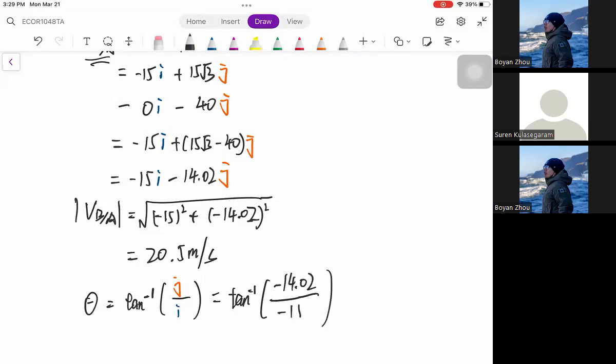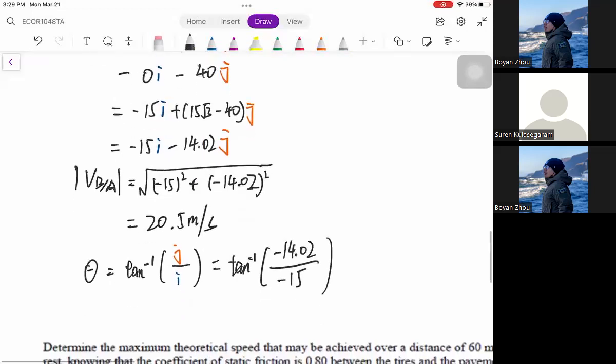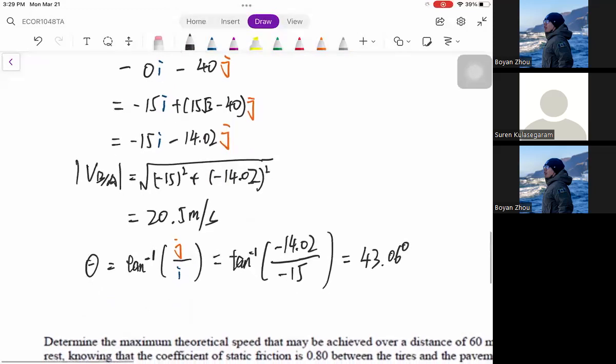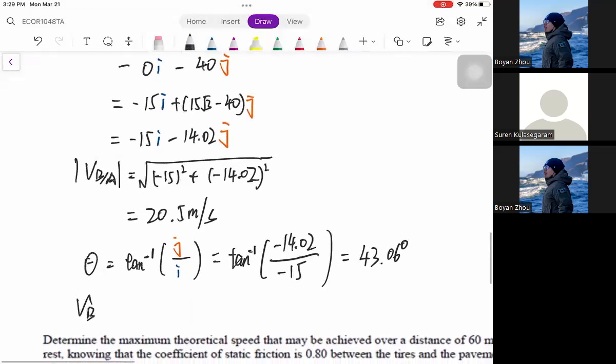What we have on I is -15. And this one is equal to 43.06. So you can finally write the velocity of B with respect to A is equal to 20.5 meters per second in magnitude with an angle that is 43.06 degrees.